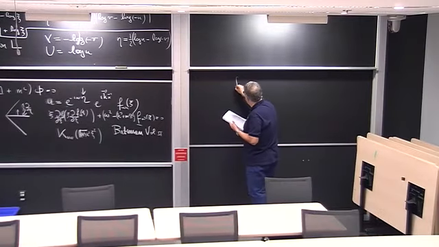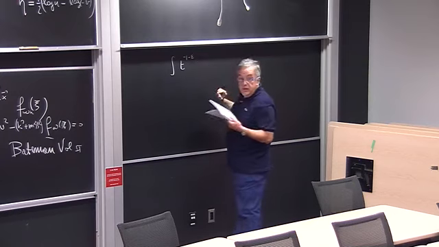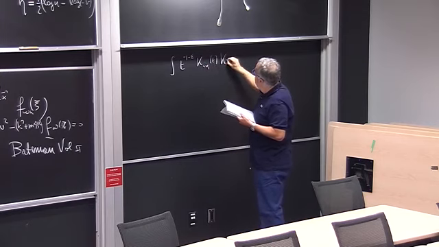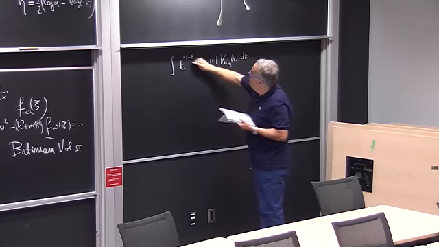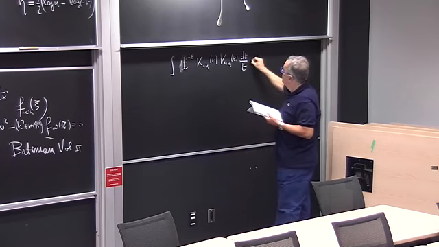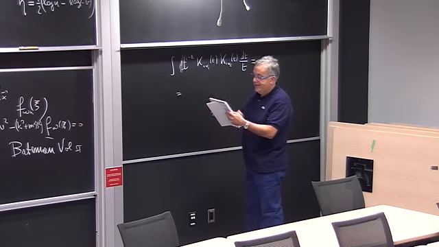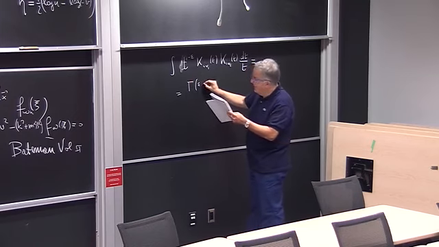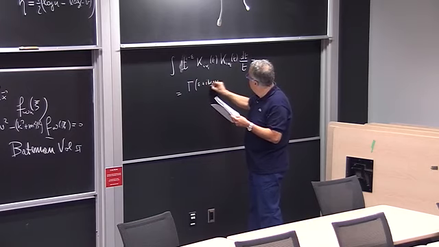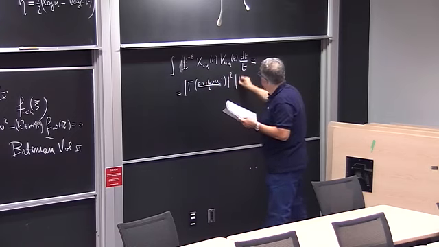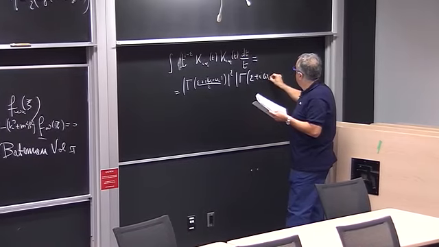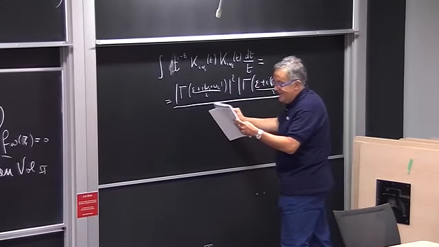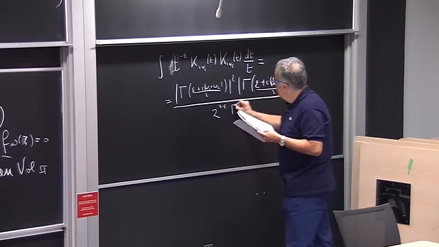It tells you that the integral of t to the minus 1 minus epsilon, K_{i omega 1}(t) K_{i omega 2}(t) dt, if you prefer, t to the minus epsilon dt over t, is gamma of epsilon plus i omega 1 plus omega 2 over 2, squared, times gamma of epsilon plus i omega 1 minus omega 2 over 2, squared, divided by 2 to the 3 minus epsilon gamma of epsilon.